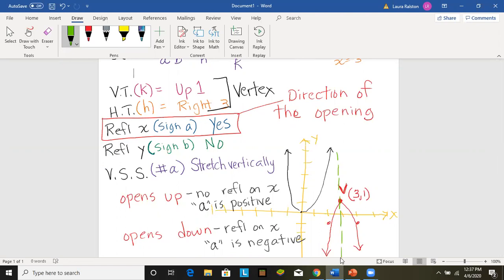Okay, and so it's a vertical line, and a vertical line always has the format x equals whatever the x coordinate is. So the formula is x equals h, because h corresponds to my horizontal translation. So for this problem, my axis of symmetry is x equals 3. That would be the line that I would fold across.